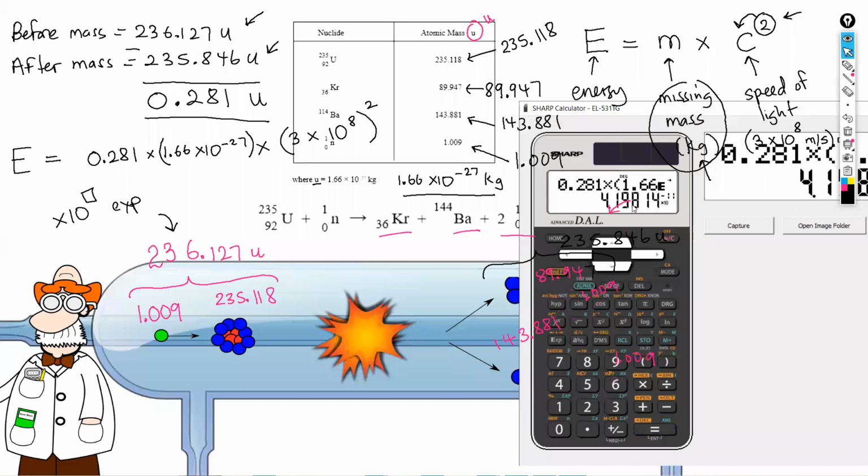Please confirm you're seeing this on your calculator. Make sure you see it. The final answer for this question is this amount of energy: 4.19814 multiplied by 10 to the power minus 11, and energy is measured in something called joules.